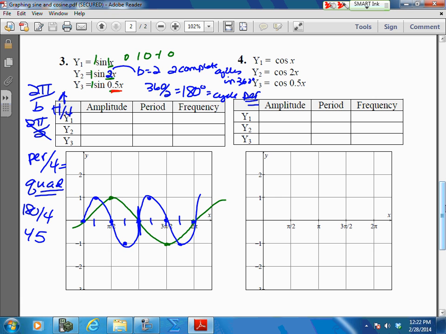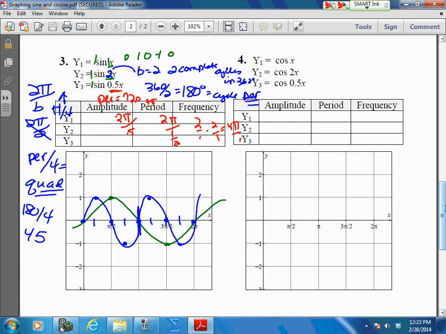Another 360. So what would my period be? 360 times 2, 720, or 4 pi. So let's take a look at this. If I do 2 pi divided by 0.5, 2 pi divided by 1/2 says keep, change, flip. Isn't that 4 pi? Isn't that 720?